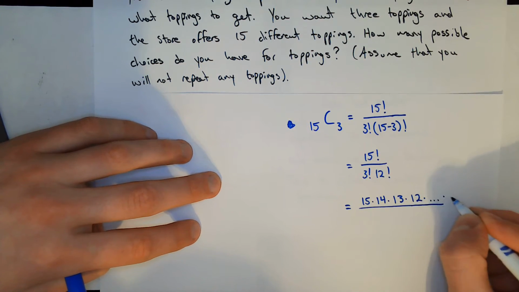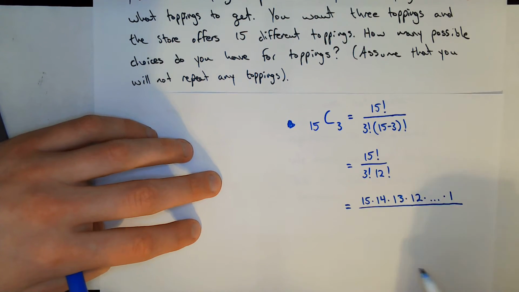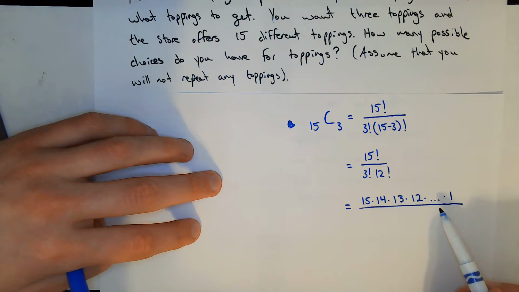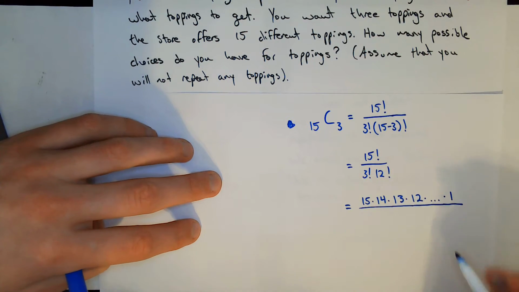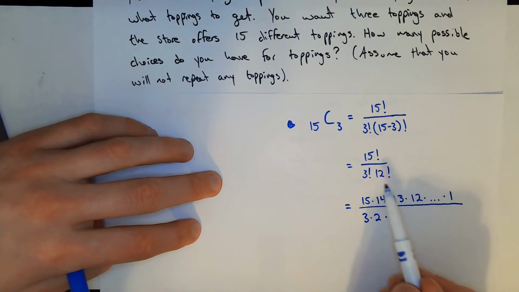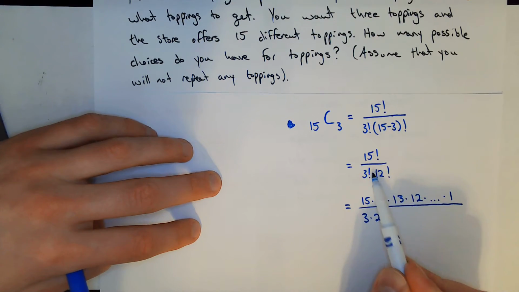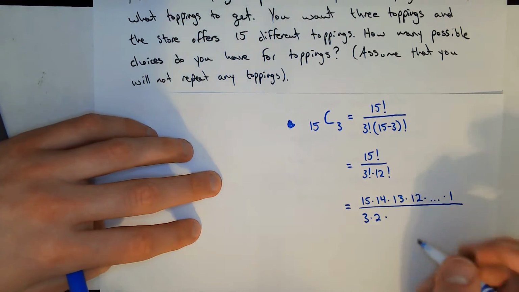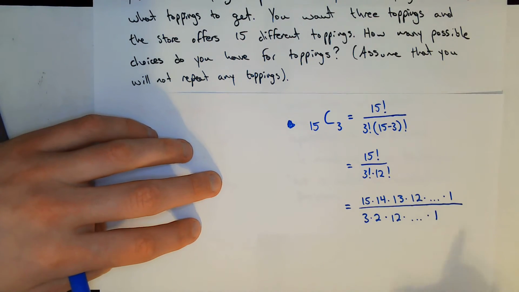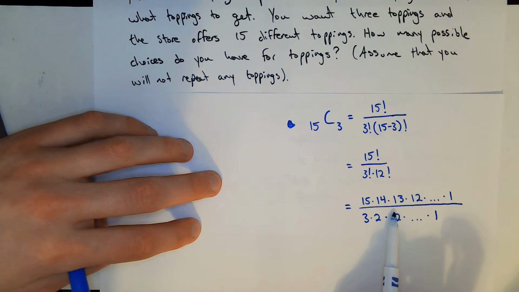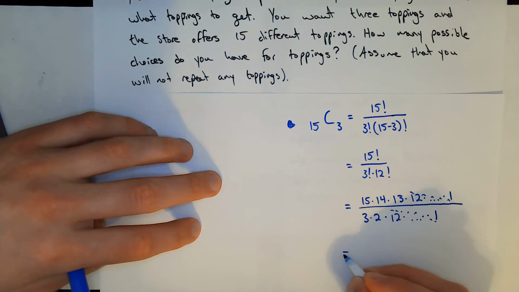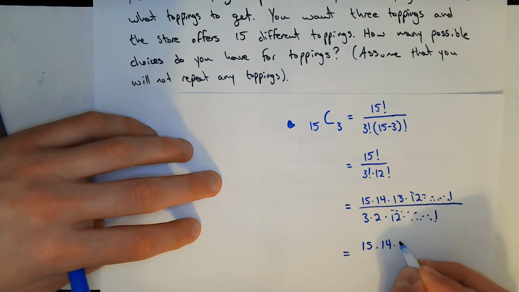There's all the 15 factorial, and I'm just scooting the 11, 10, 9, 8, 7, 6, 5, 4, 3, 2 all under the rug and putting dot, dot, dot right there. 3 factorial is 3 times 2, and then 12 factorial. If you've watched that video, you already know this 12 factorial completely cancels with all of these terms. So I just end up with 15 times 14 times 13 over 3 times 2.